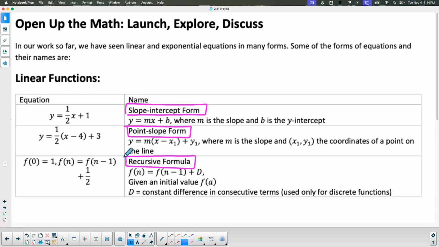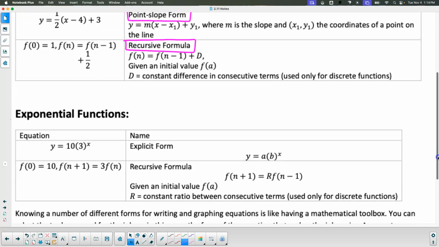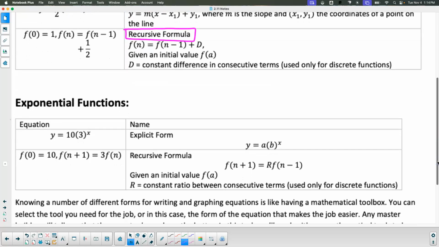So recursive formula is probably going to be the last one that you would ever use. If it's exponential, then you only have the explicit form or the recursive form. So you only have those two in exponential.